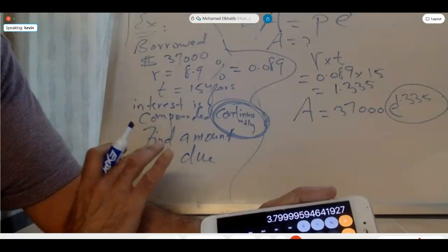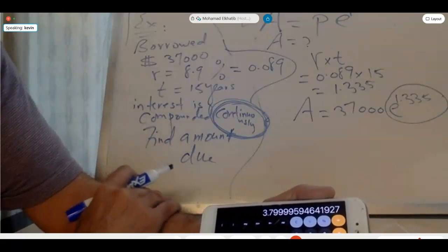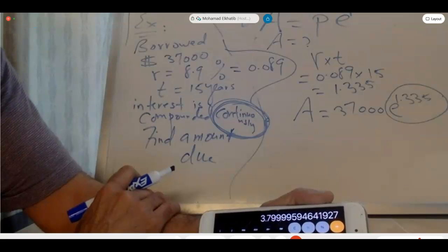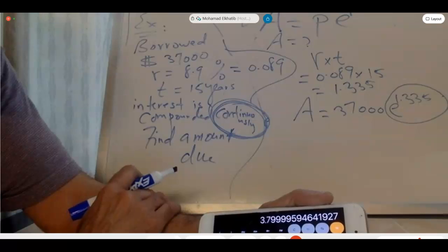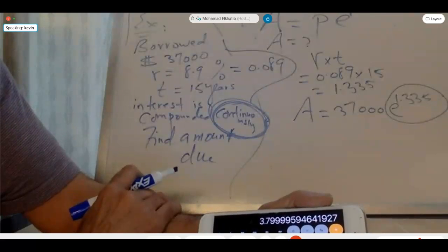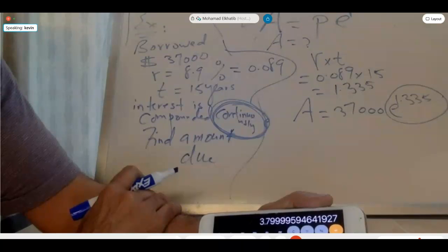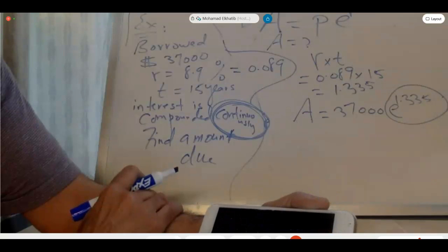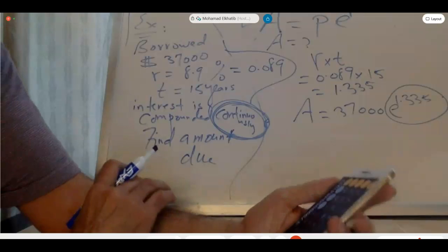You're doing e to the power 1.335, the same way you did the problem before that. You find e on your calculator? Yes, I got it. 3.799 something, right? Very good.